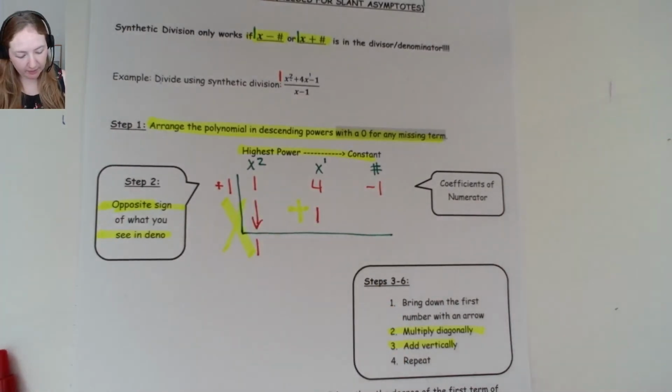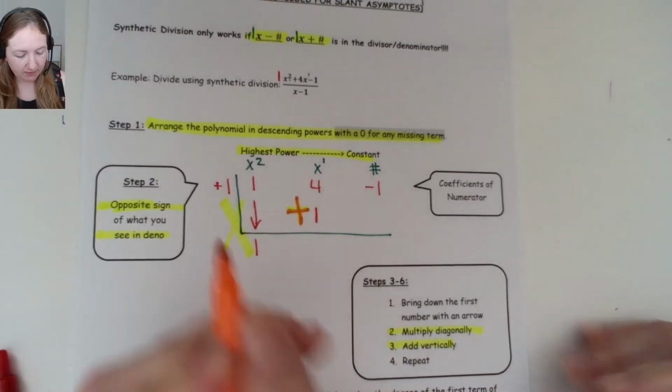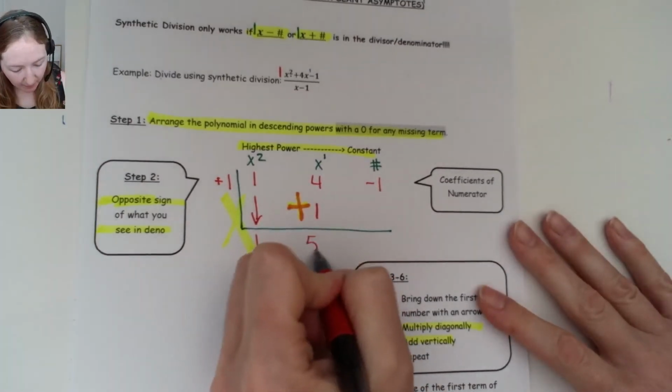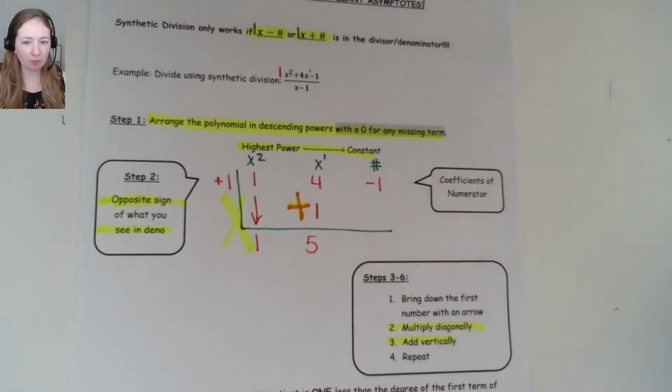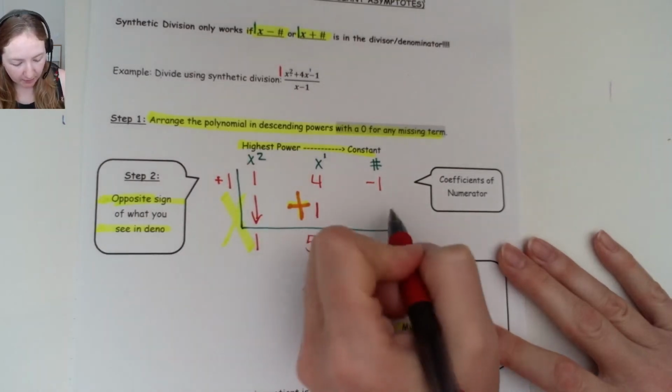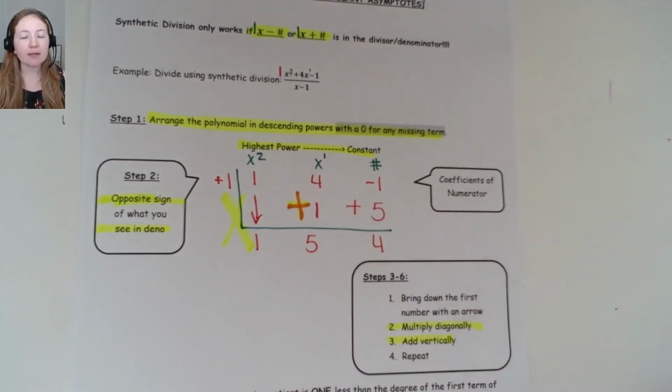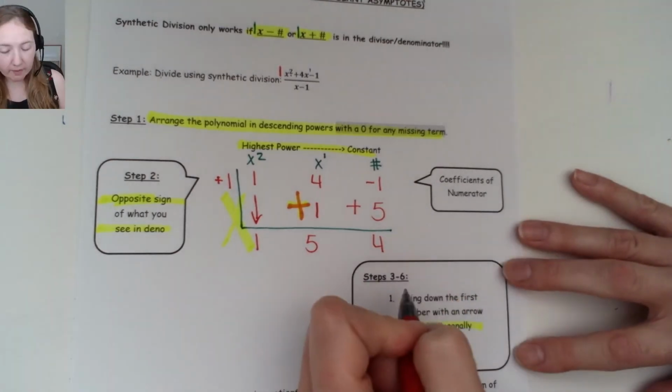When you look at the addition sign, you see that vertical line. So I add the 4 plus 1 to get 5. Then I repeat this process: 5 times 1 to get 5, and then add vertically to get 4. The last number that I get is always the remainder.